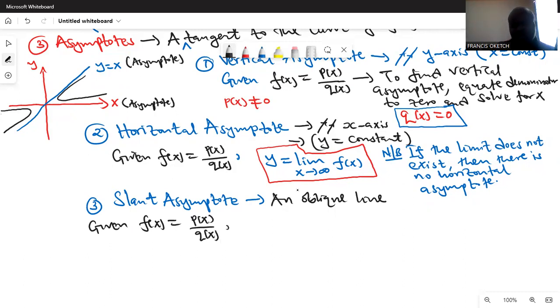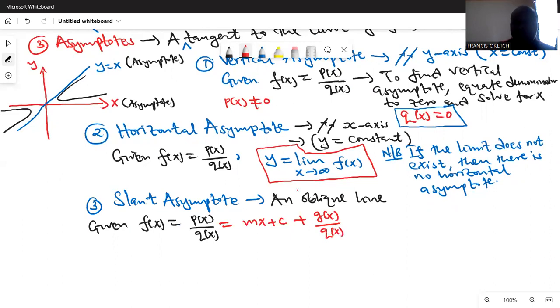To find the slant asymptote, you need to express this function in the form mx plus c, then plus maybe another function, I can call it g of x over q of x.